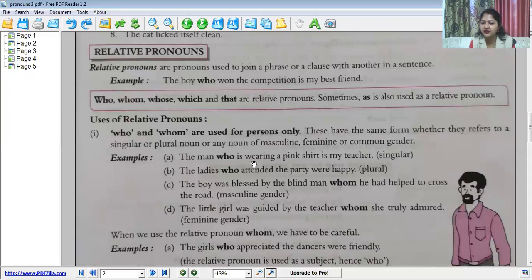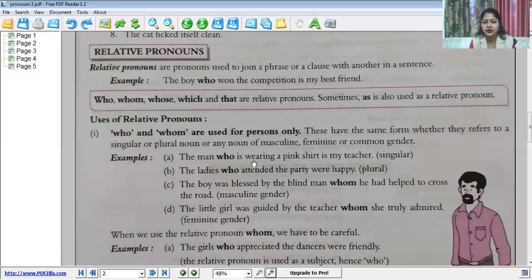Generally, when we talk about persons, we talk about nouns, right, children? Nouns can be singular or plural. Nouns can be masculine, feminine, or common gender also. You've learned about singular, plural, and masculine, feminine, and common gender in the previous classes also, right? So we use who and whom for persons.